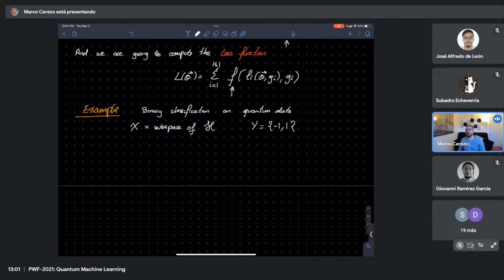So the first thing that we need to discuss and come up with is how do we take a quantum state and assign a label to it? At the end of the day, we want to assign label -1 or 1. We want to say, is this a cat or is this a dog? Is this ferromagnetic or is this paramagnetic? So we need to come up with a way of assigning labels, right?